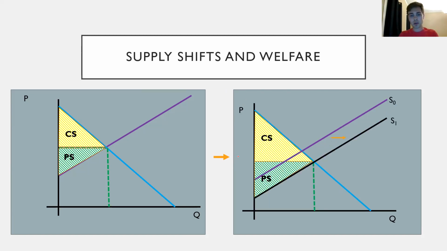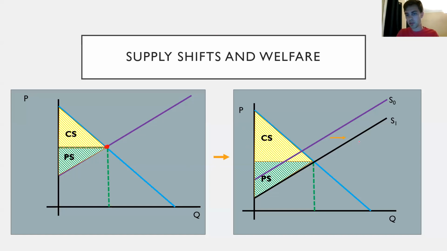And so, of course, we could also have a shift in supply. So yes, we can also have a shift in supply, just like we can shift our demand curve. Again, on the left, I just have the same market as before, just price and quantity.